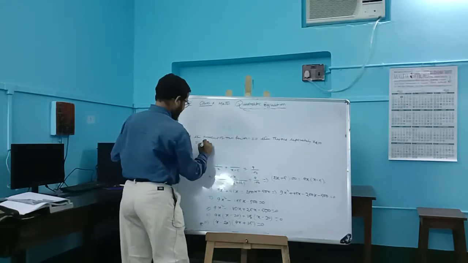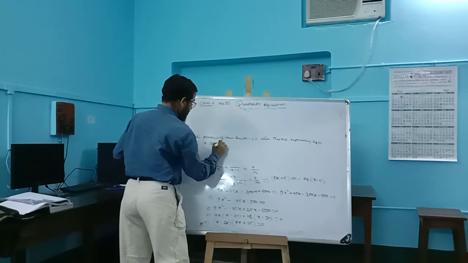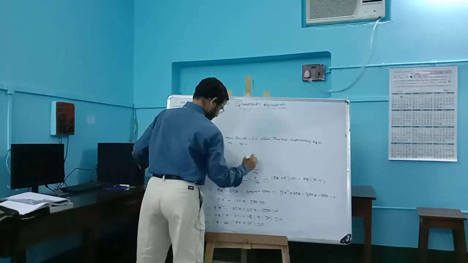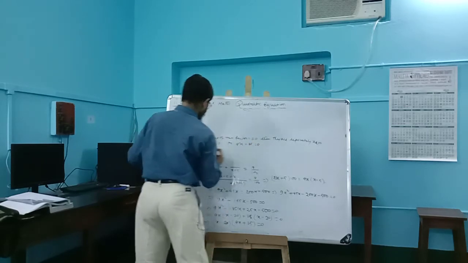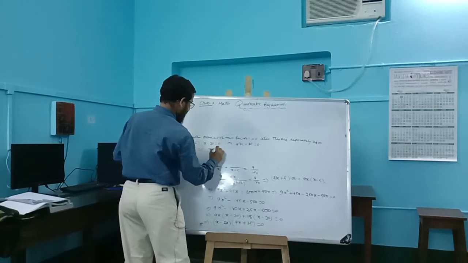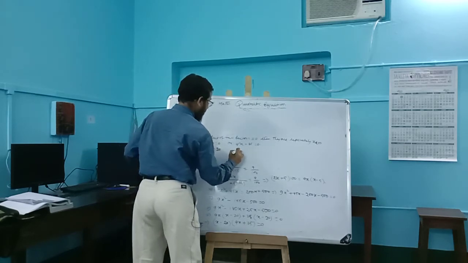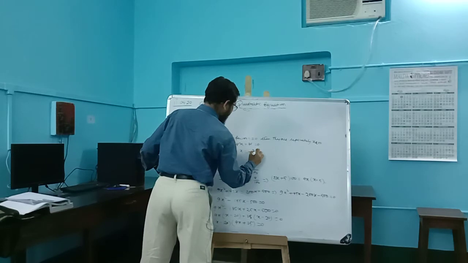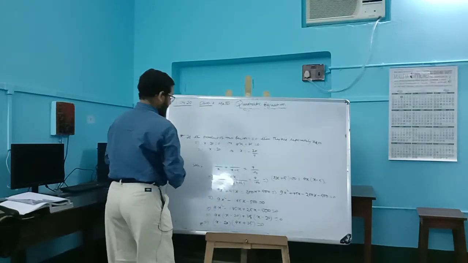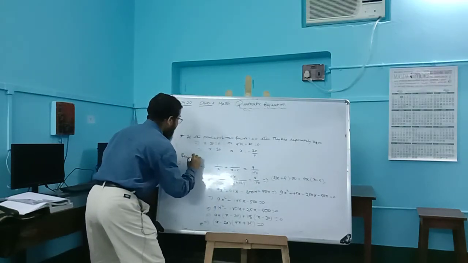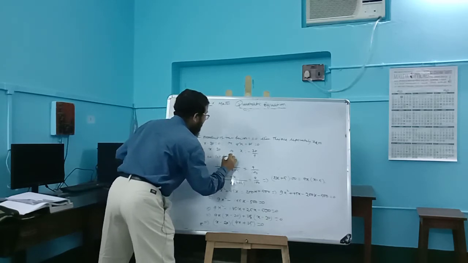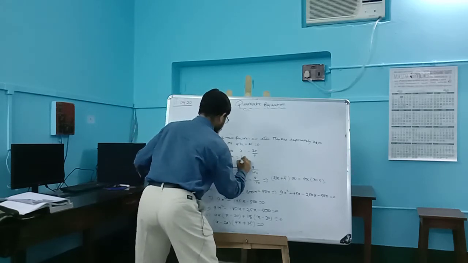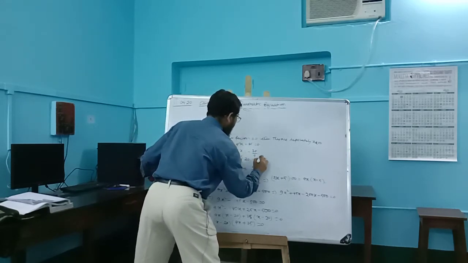This implies x − 20 = 0 or 9x + 25 = 0, so x = 20 or x = −25/9. Answer: the solution set for x is {20, −25/9}.